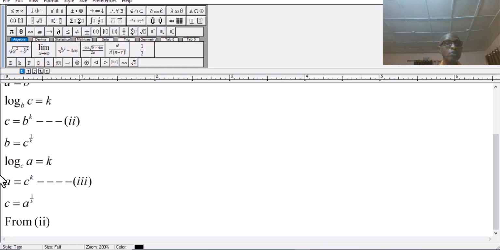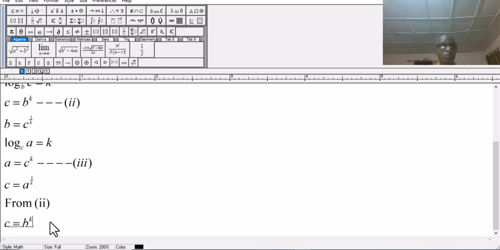Now, once we have gotten all these values, let's start from 2. You can pick any one you want, but I'm picking from 2.